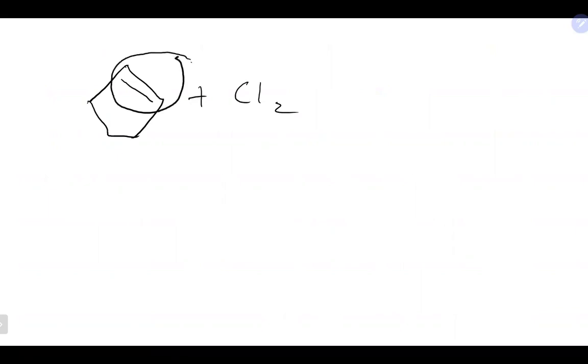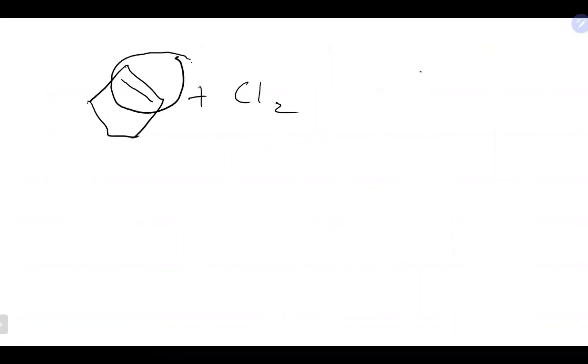It was cyclopentene, with a double bond like this, right? And it was Cl2. So again, this is one of those symmetrical additions, so you follow the same thing we just talked about. The only part that changes is here, and it's going to become a single bond.